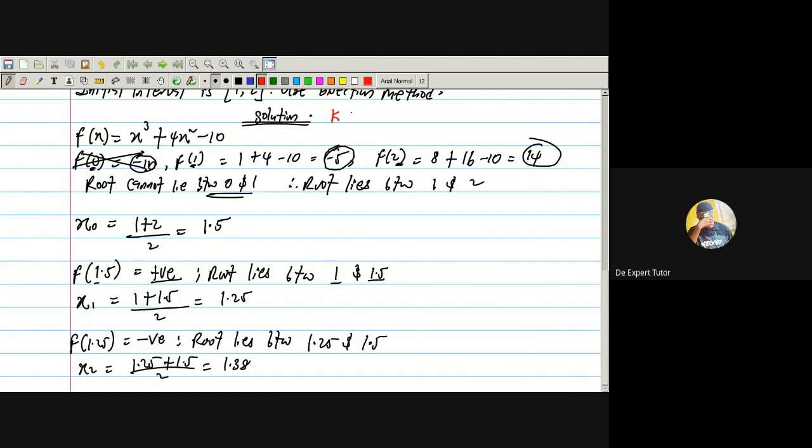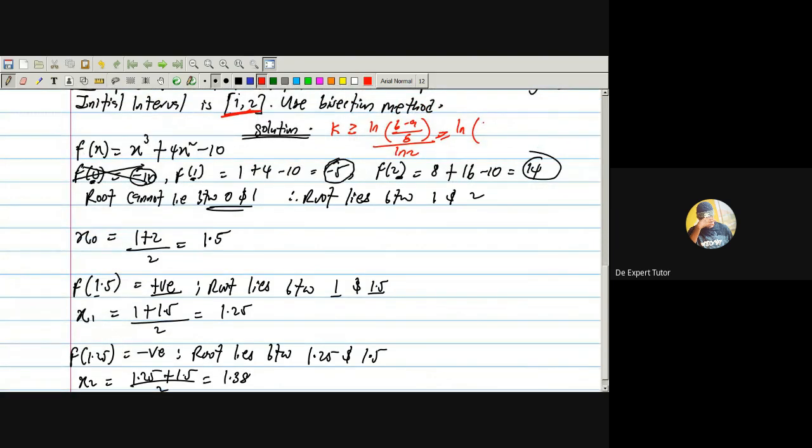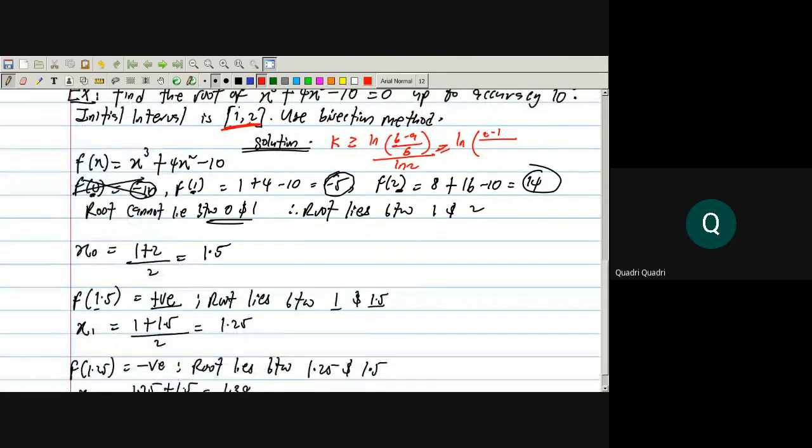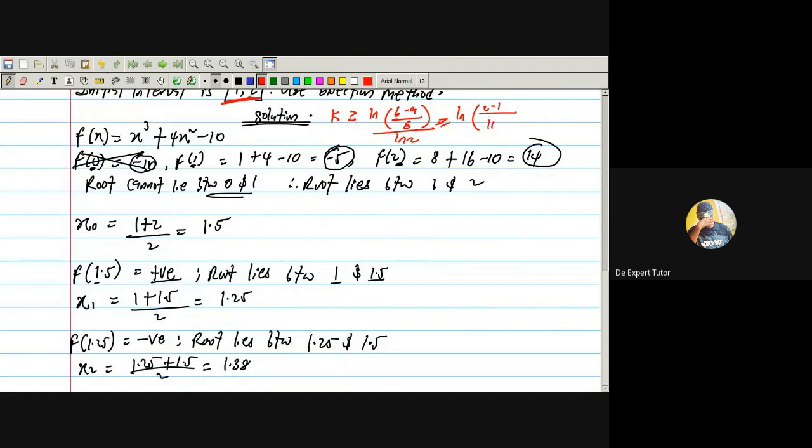The number of iterations is greater than or equal to ln of (b minus a) over accuracy, divided by ln 2. So b minus a is 2 minus 1, over our accuracy, which is 10 raised to the power minus 3. Then divided by ln 2. Please calculate it. Let me do it on my calculator so we'll be following each other.